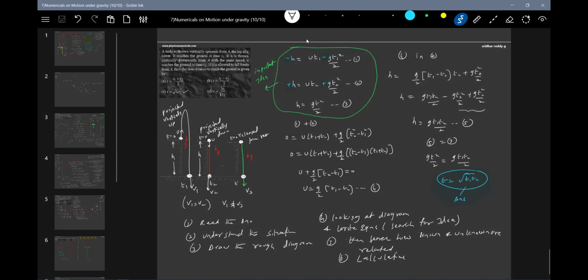Okay, I'll end the class. I had to attend college also. Okay, kids, we had the discussion about the motion under gravity numericals. Around six or seven numericals we have discussed here. In almost all the numericals, the necessity was to read the question, understand the situation, draw the diagram, then write what equations you can, looking at the situation or the idea involved.